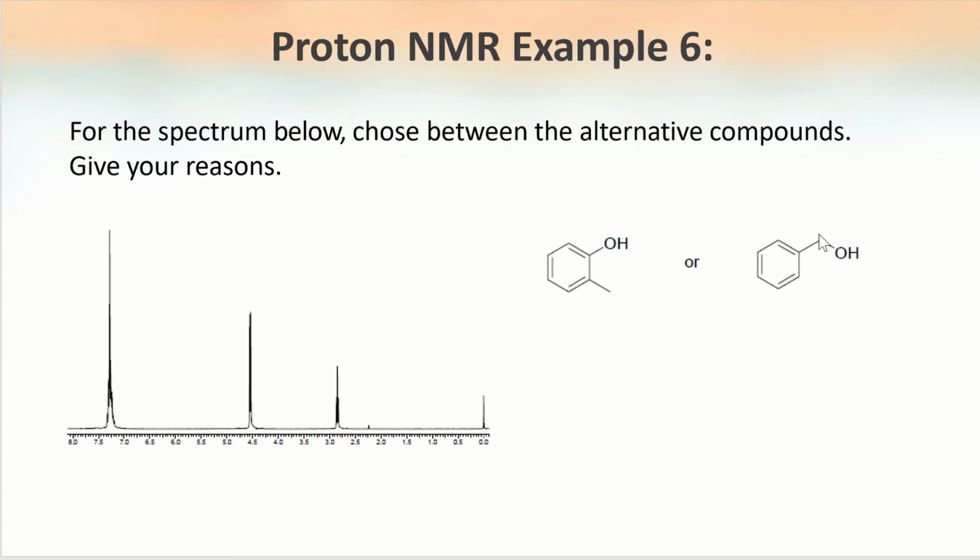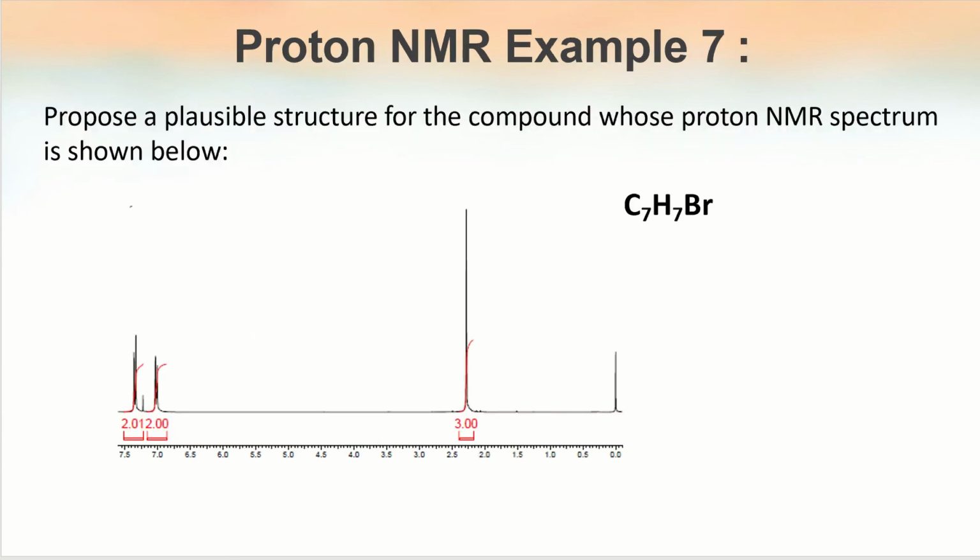Based on the fact that the methylene is in such close proximity to our hydroxyl, I think we would expect those methylene protons to be quite de-shielded and in the 4.5 region. And so I think that would be the spectrum for benzyl alcohol.